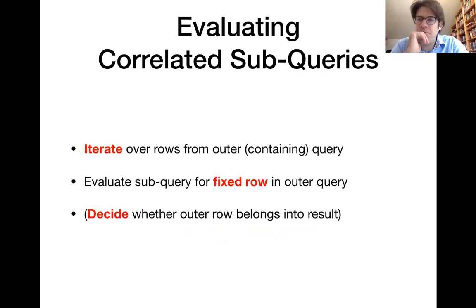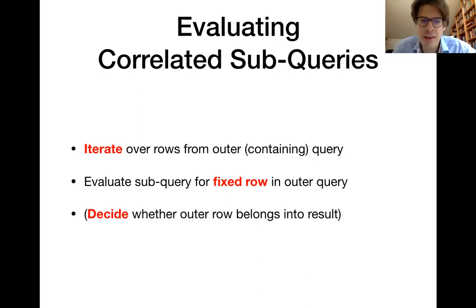And then you would generally iterate over the rows in some outer containing query. And for a fixed row, you would evaluate the inner query. Now here, the result of the inner query might depend on which row is currently selected in the outer query.